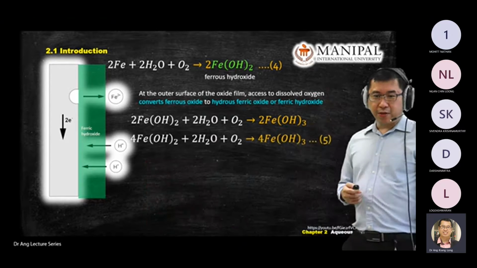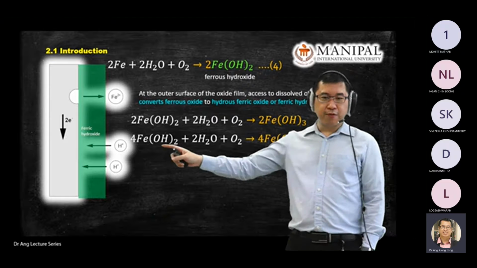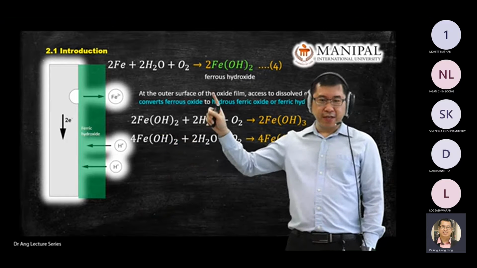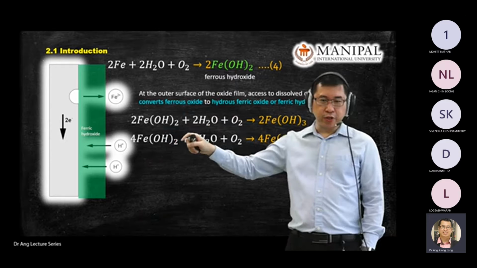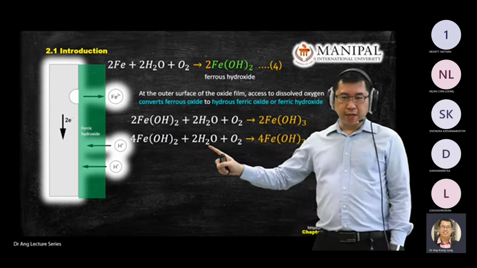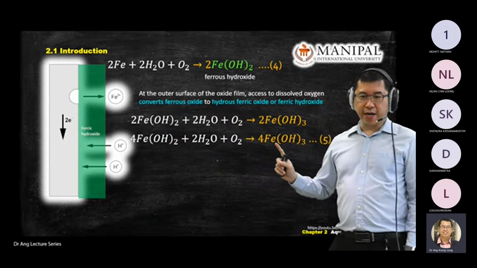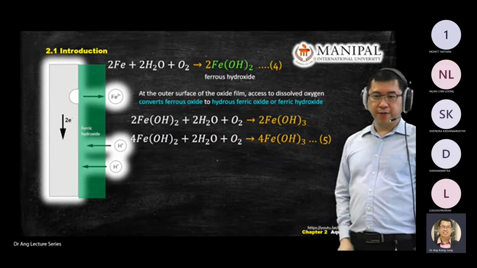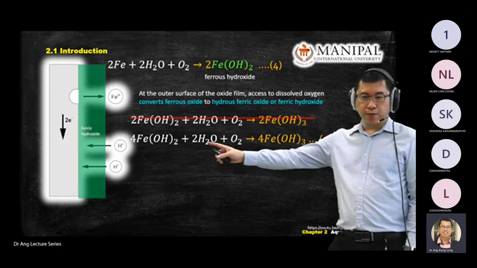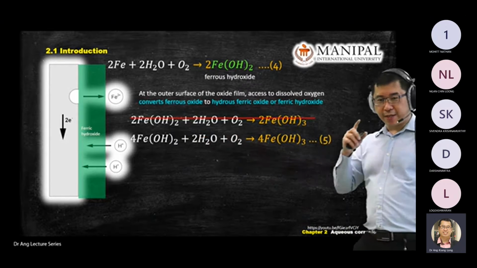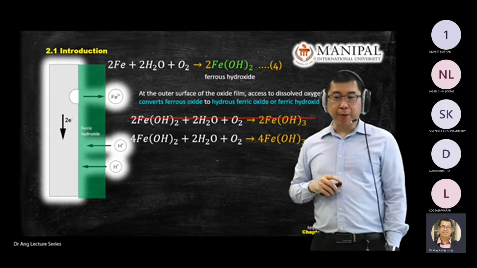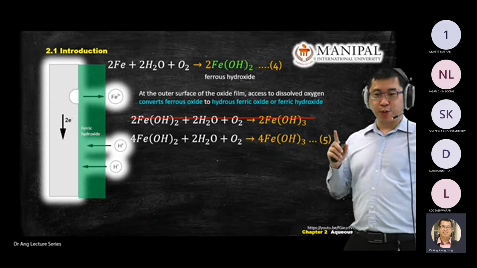So the correct one is 4 ferrous hydroxide, or FeOH2. Water is correct, oxygen is correct, and this one is 4. So always check. Sometimes I'll have a typo in my slides, so you help me to check.